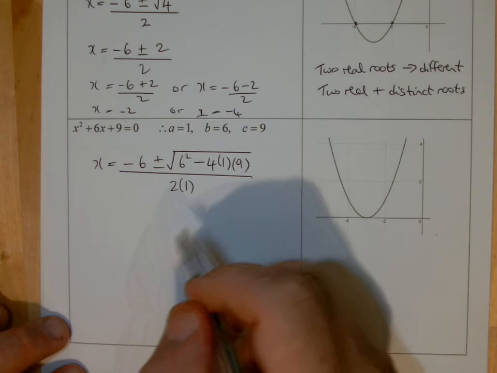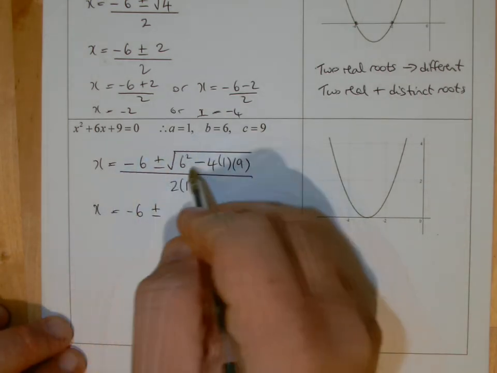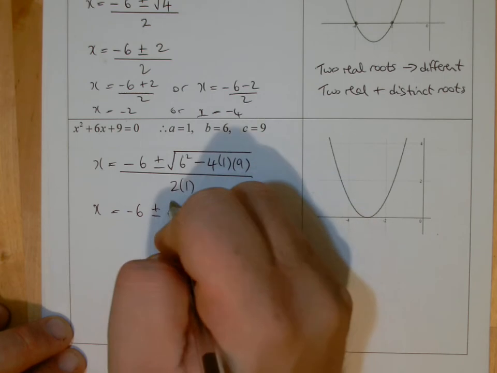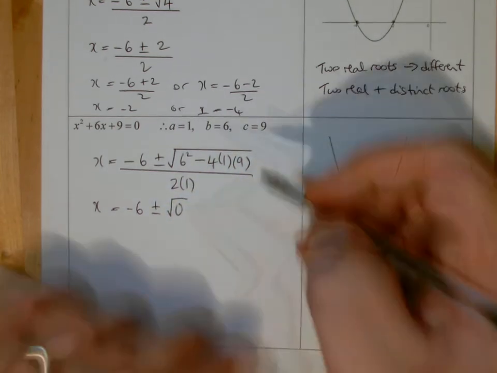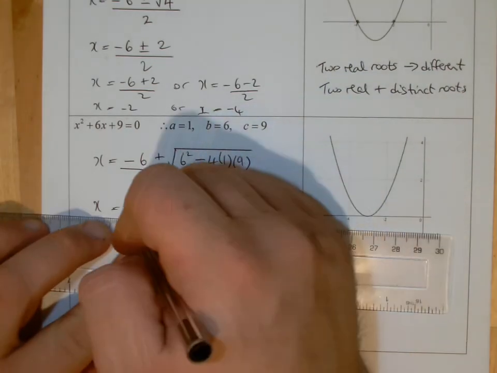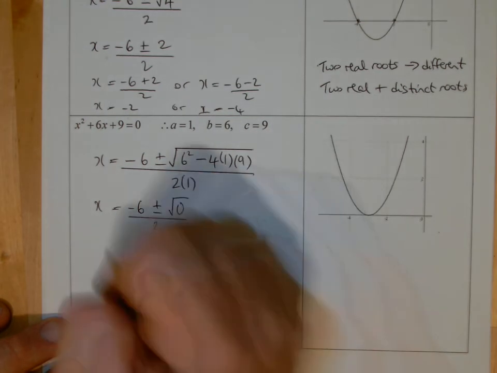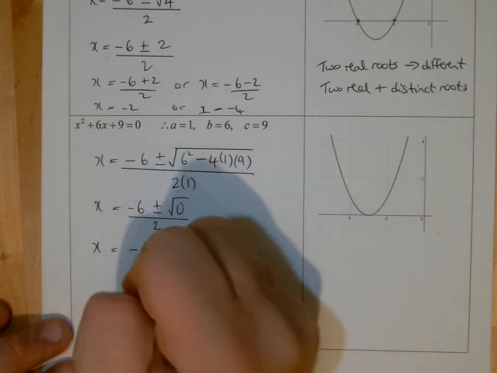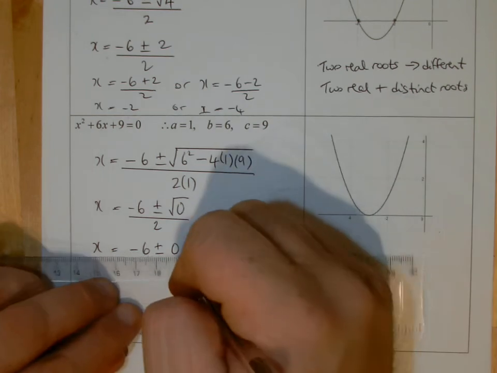So x will equal minus 6 plus or minus, and if you work that root out, it actually comes to 0, over 2. We all know the square root of 0 is just 0. So you get minus 6 plus or minus 0 over 2.